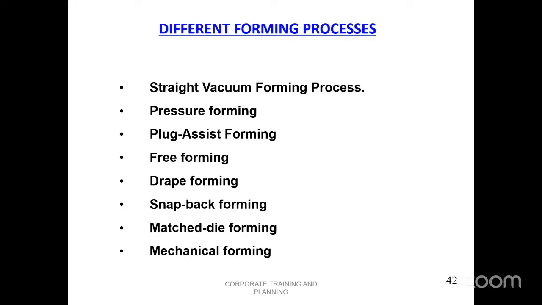Now we are here, yesterday, at the types of the thermoforming process. Now, friend, if you see here, there are 8 types of thermoforming process. Many of these types we have seen the video also. Straight vacuum forming process, pressure forming process, plug assist forming, free forming, drape forming.